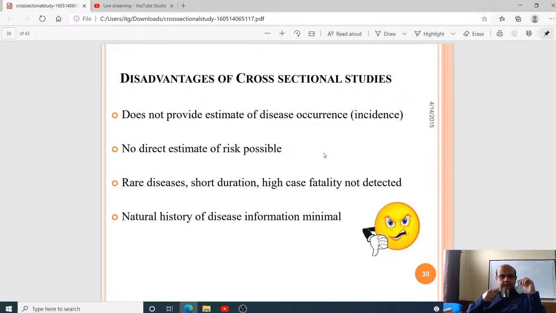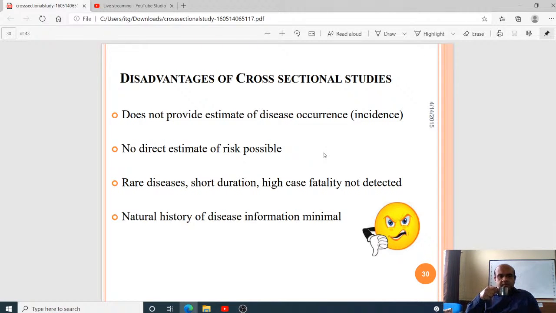A rare disease, short duration, or high case fatality rates cannot be detected by cross-sectional studies.